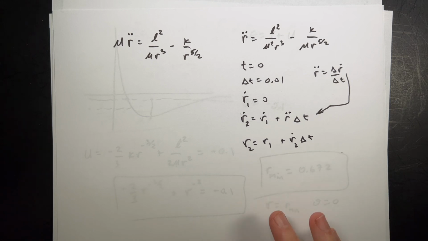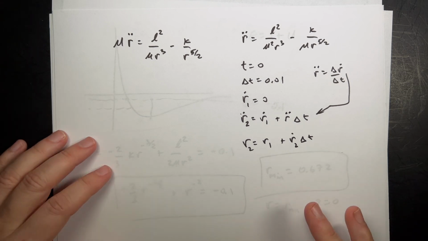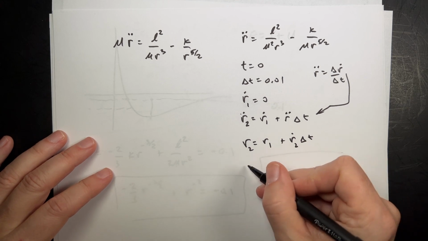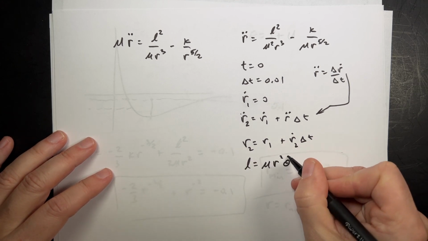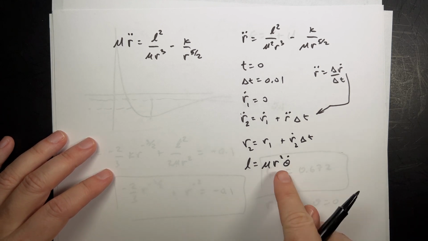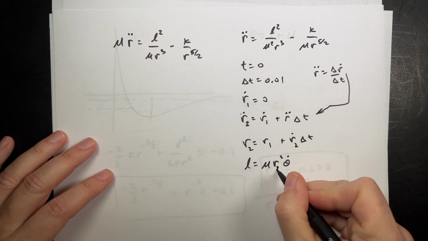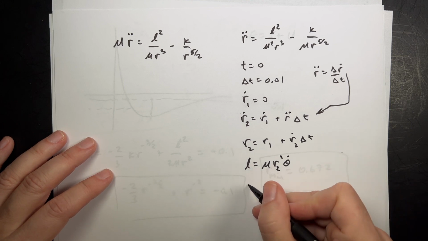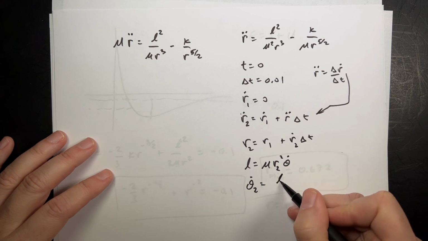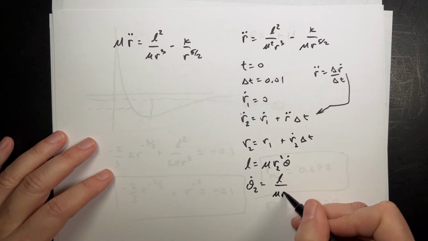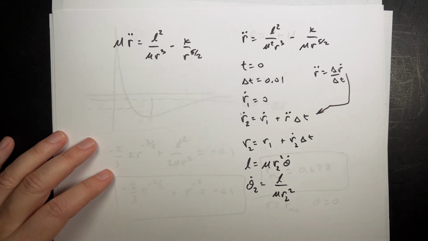What does theta do? Well, now I can go over to my definition of angular momentum. L equals mu r squared theta dot. That has to be constant, right? But now if I know r, let's call that r2, I can find theta 2 dot. It's going to be equal to L over mu r2 squared.